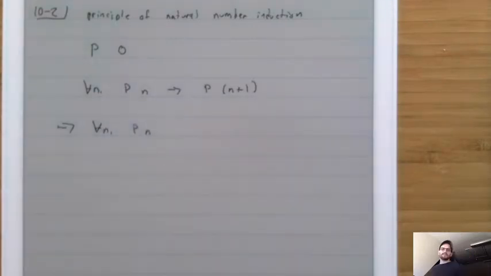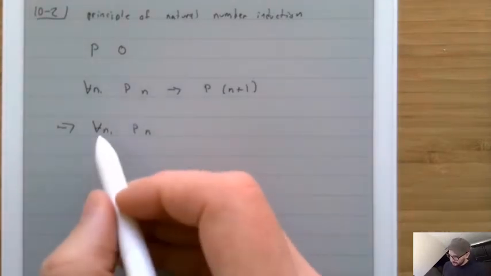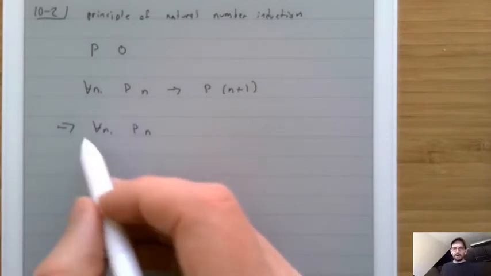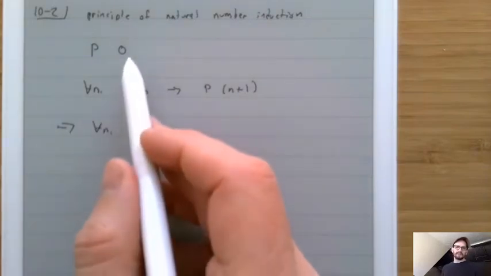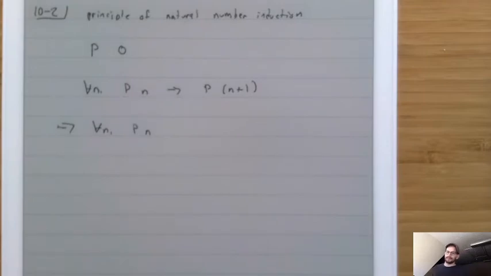Because that's the principle of induction. And so this allows us to prove a for-all. We can prove the for-all on numbers by first proving it on 0 and then proving this inductive step.